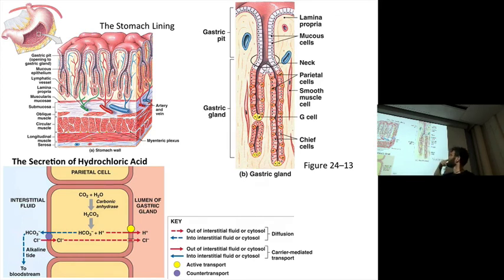In the gastric gland, there are a host of various cells. We're going to have parietal cells, G cells, and chief cells. We'll talk about what they all do next time.